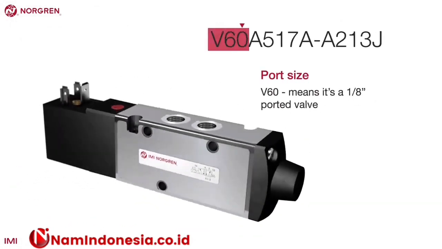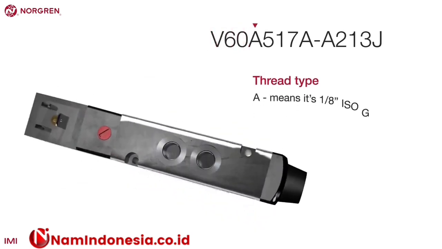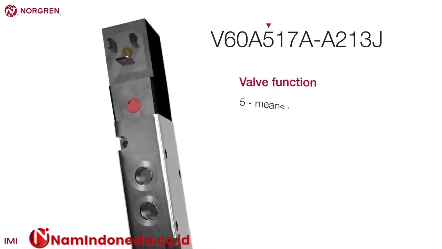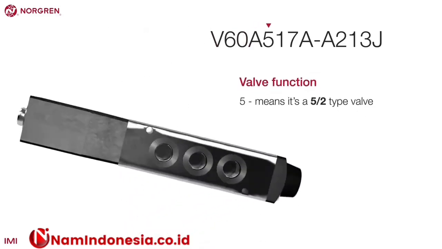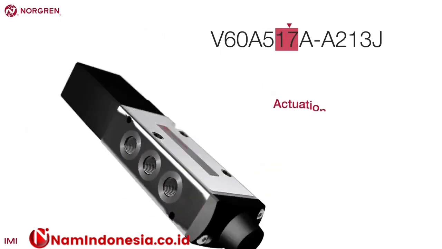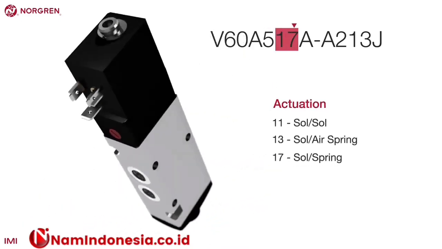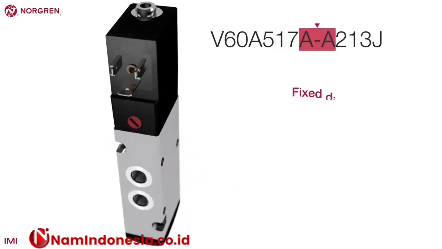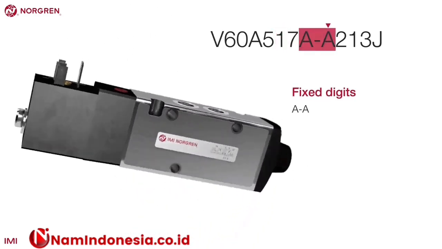Digit 1, 2, and 3 relate to the port size. Digit 4 gives us the thread type. Digit 5 is the valve operation. Digits 6 and 7 reveal this is an internally piloted solenoid spring. The dash or hyphen is always between digits 8 and 9 and is fixed.